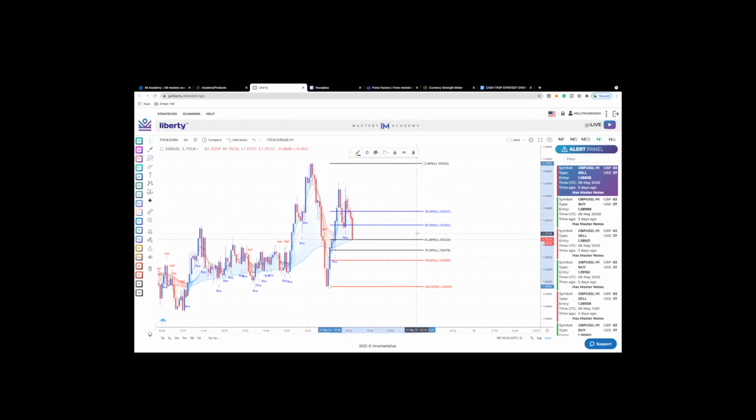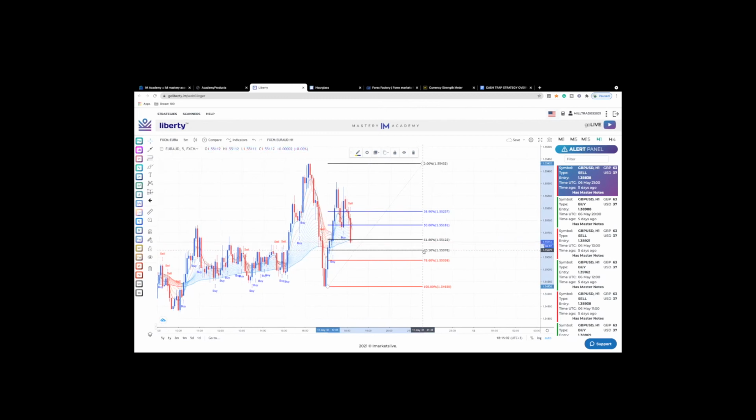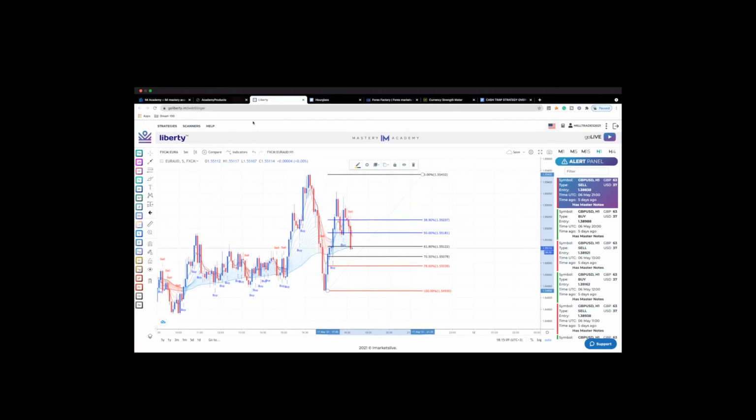For Euro AUD, it's at 61% at 124. It could come to 70% at 5,079. So 0.79 it could, or it could bounce right here. 0.78 for a 70% retracement.